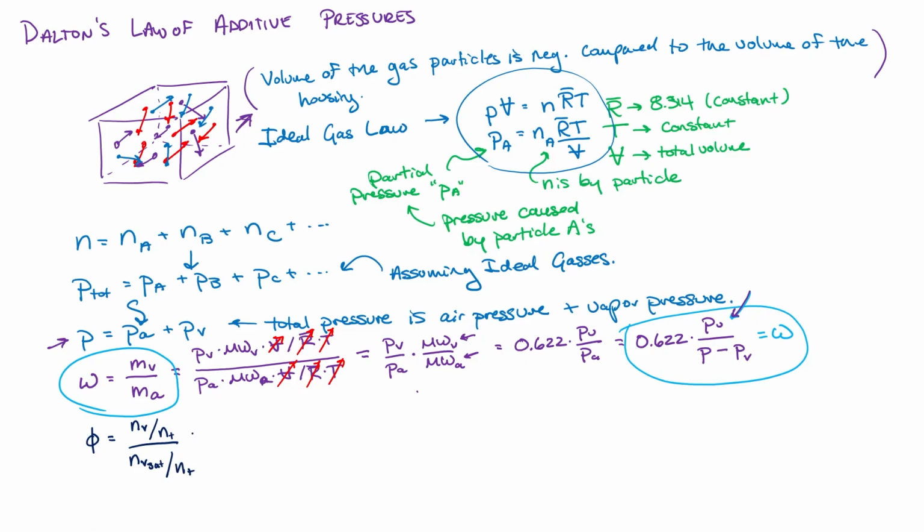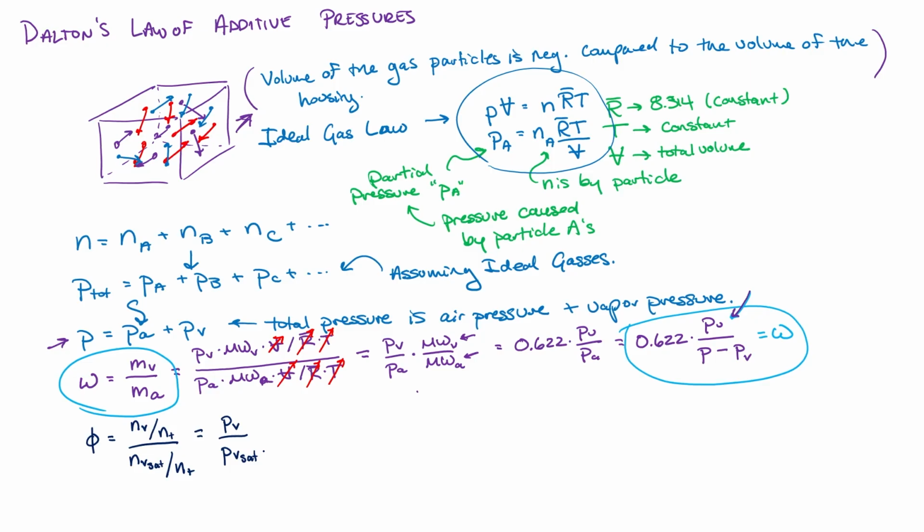So these guys are going to cancel. And basically what I'm going to get is my equation for the definition of my pressures from Dalton's. So I have a ratio, which is my vapor pressure, which is what I'm after up here, and my vapor pressure at saturation.